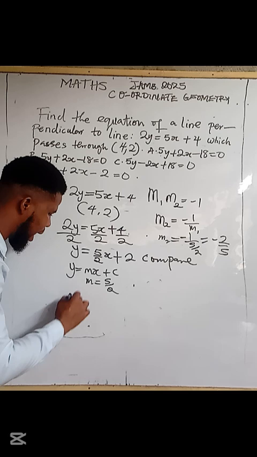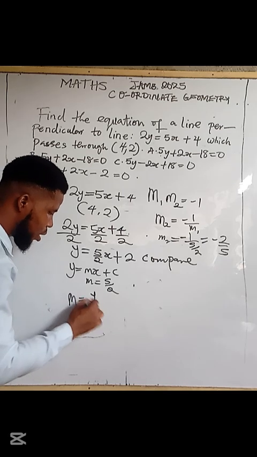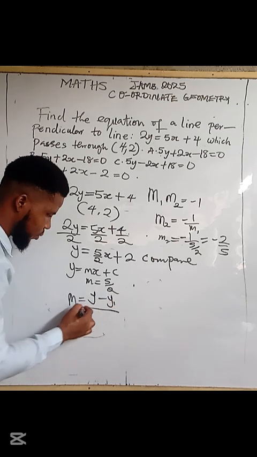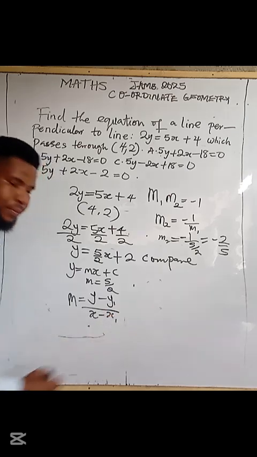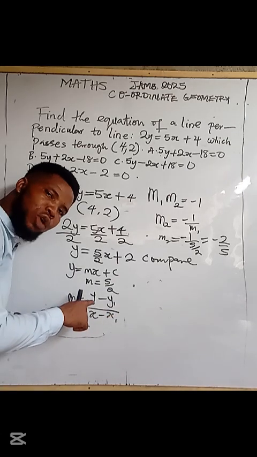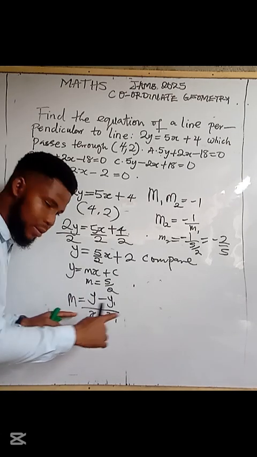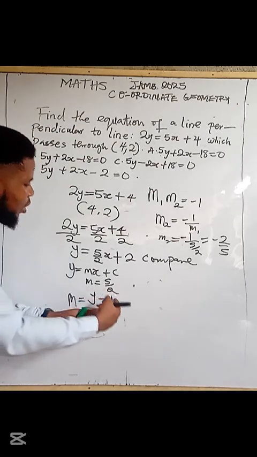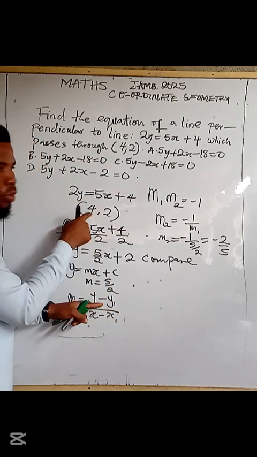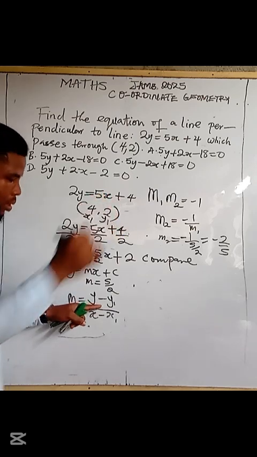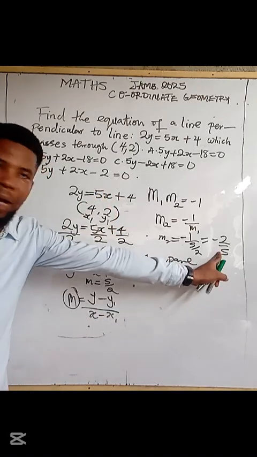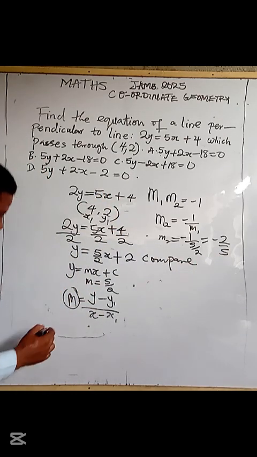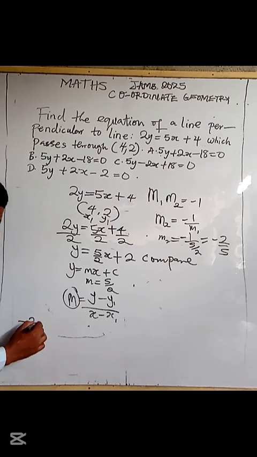That will be m equal to y minus y1 over x minus x1. So the slope is supposed to be y2 minus y1 over x2 minus x1. We're going to make this one unknown. Now we can slot in the value of one of these points, which is this x1, y1. Then our slope will now be this one that we have now. So when you do all that, what will you have? That's minus 2 over 5 equal to what?